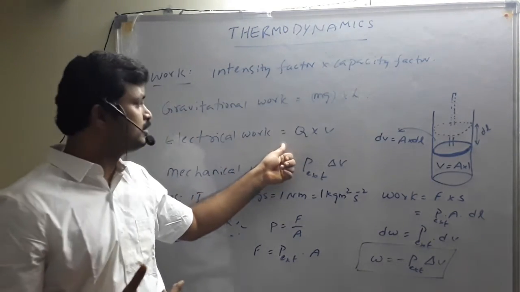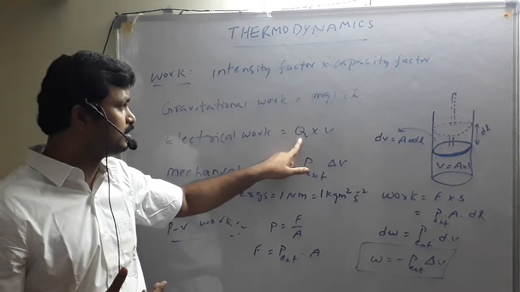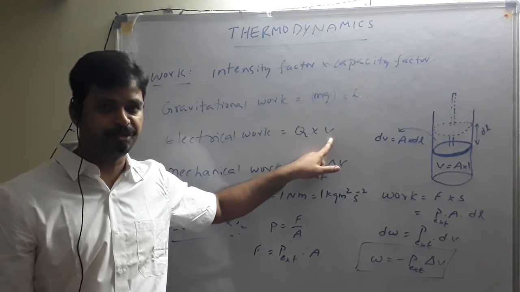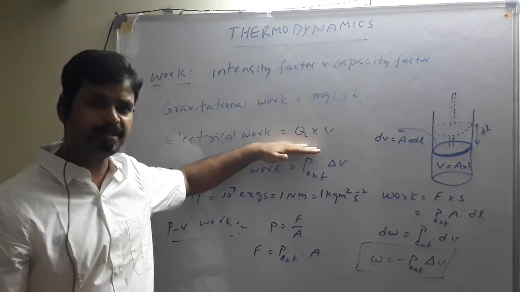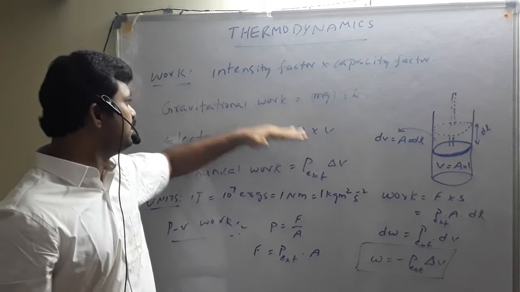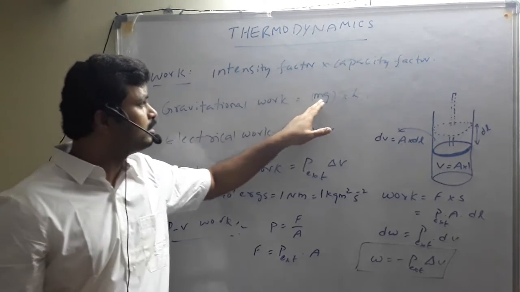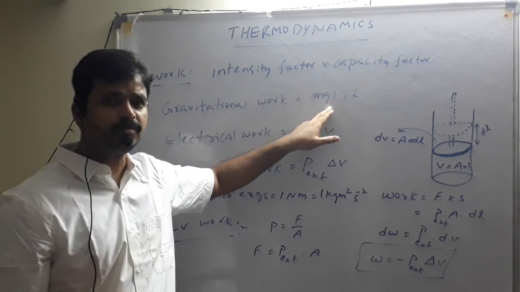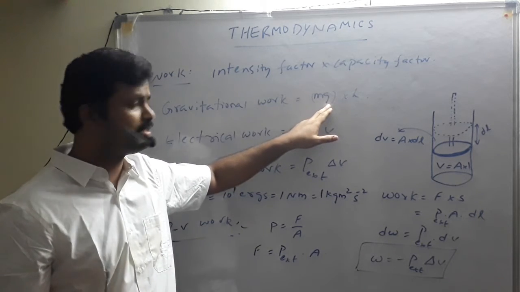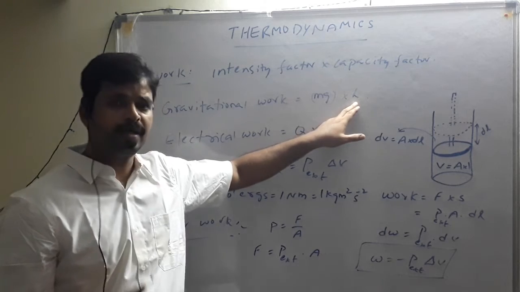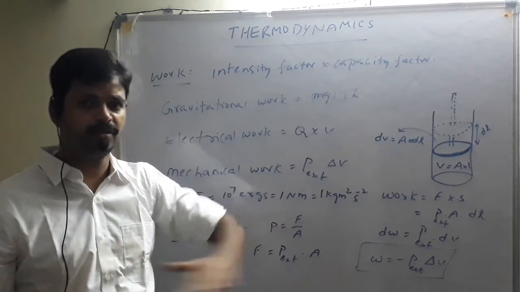Electrical work is charge into potential gradient. This you can learn better in physics. In the gravitational work, mass of the object, acceleration due to gravity g, and height of the object from the horizontal earth.